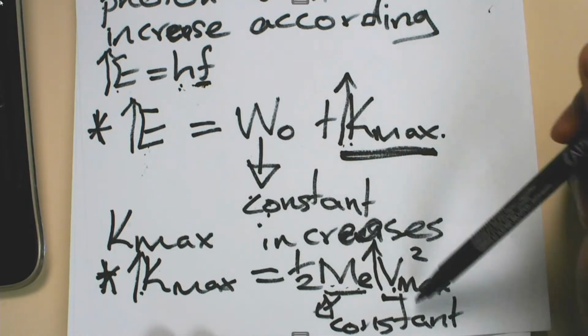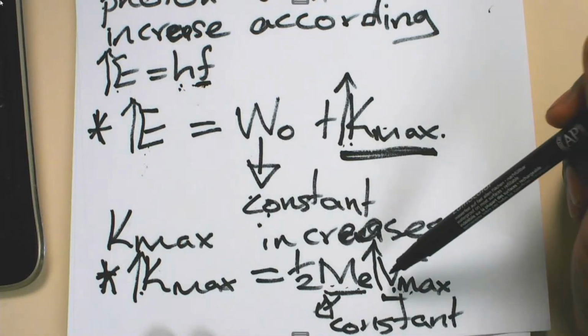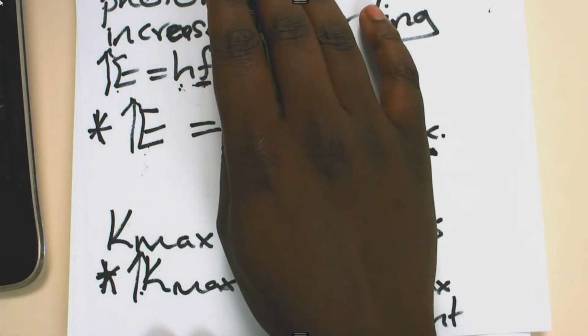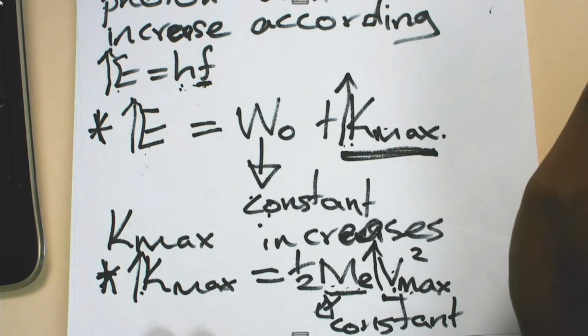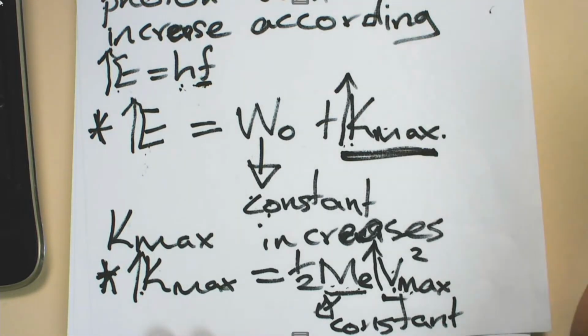Meaning the speed and the kinetic energy will only change if we change the what? The frequency. The number of photoelectrons will only change when we change the what? The intensity of the light.